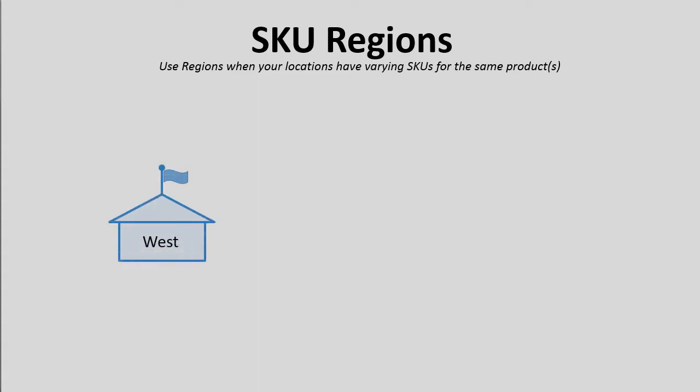SKU regions can be used when you have multiple locations and those different locations use different SKUs for the same product. So let's say in your organization that you had a store in the West and a store in the East.